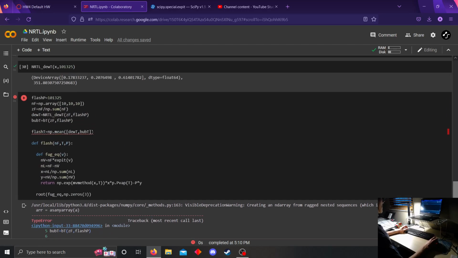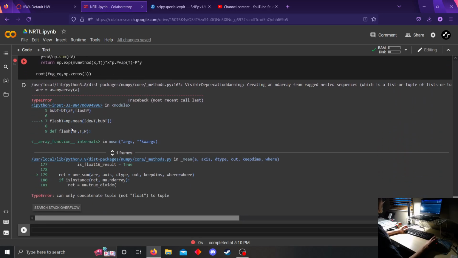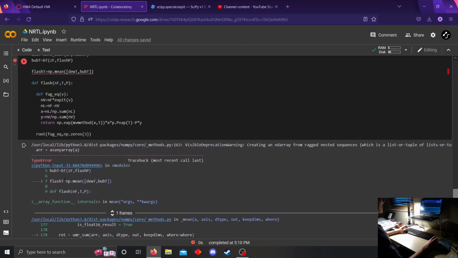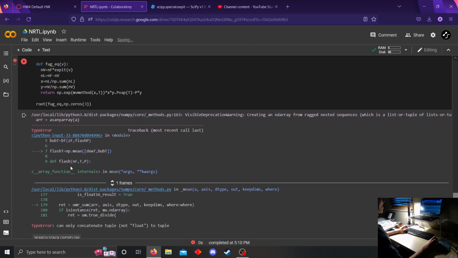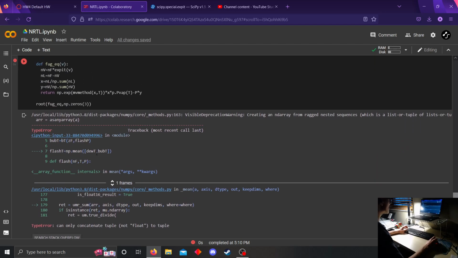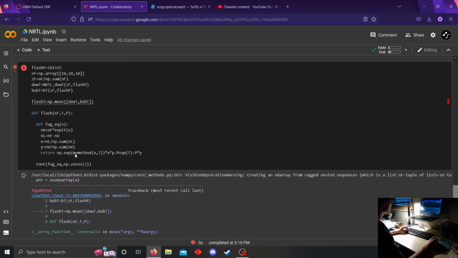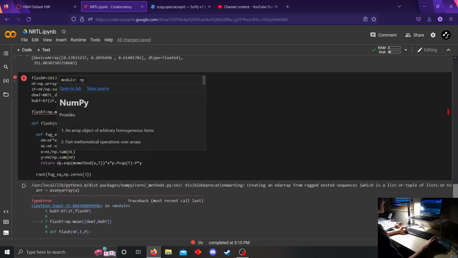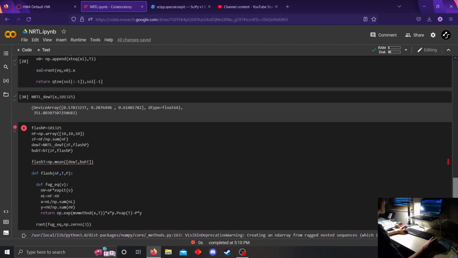Oh, I'm getting an error here. Flash temperature equals np.mean. Maybe I'm not using np.mean correctly. I think it's just dew temperature and bubble temperature.